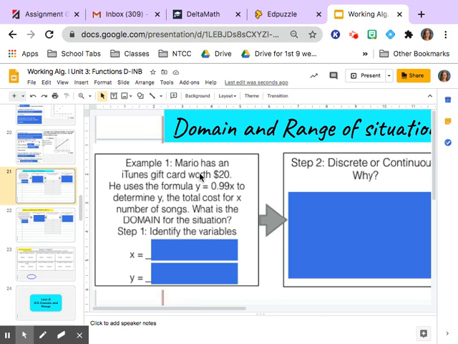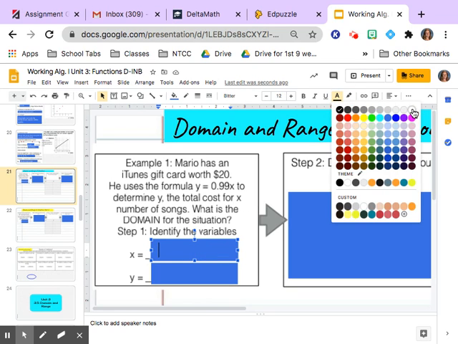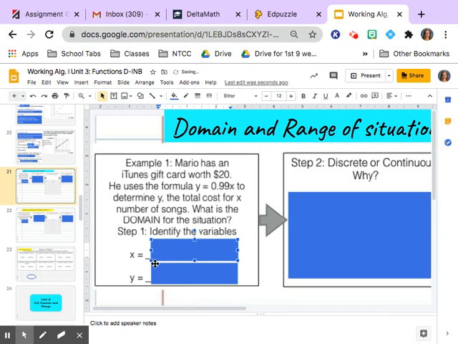Okay, Mario has an iTunes gift card worth $20. He uses the formula y equals 0.99x to determine y, the total cost for x number of songs. What is the domain of the situation? Identify the variables. So domain is your x value. So the domain, let's talk about the variables. What are the variables?